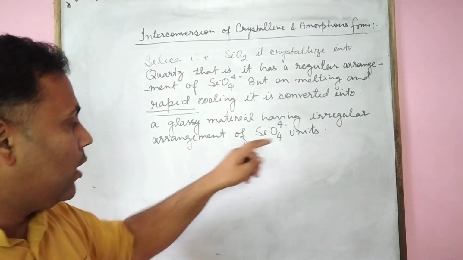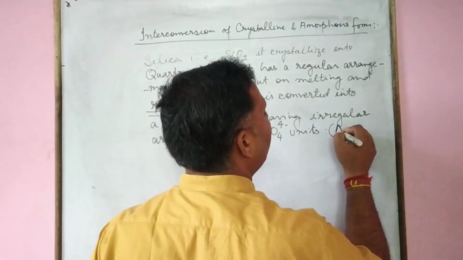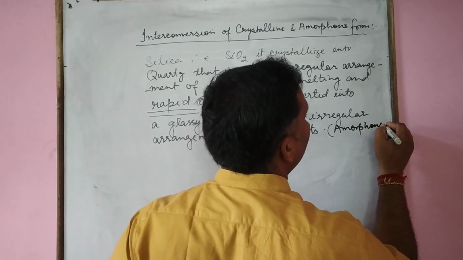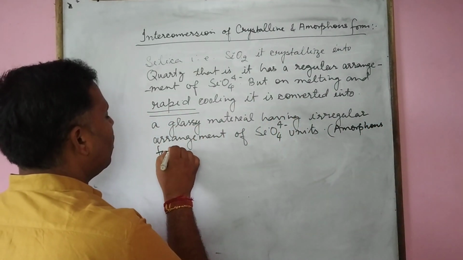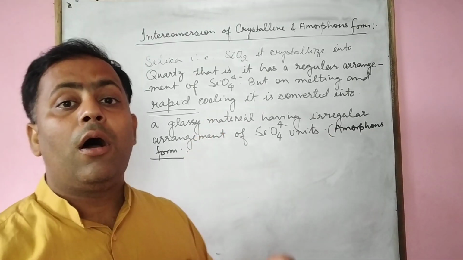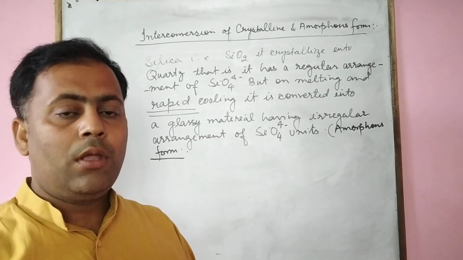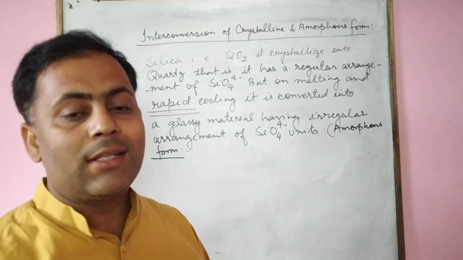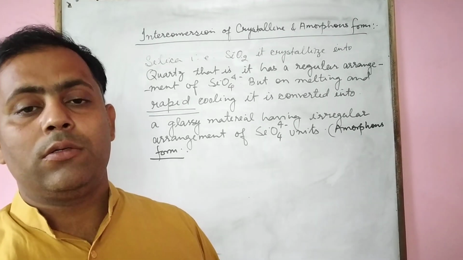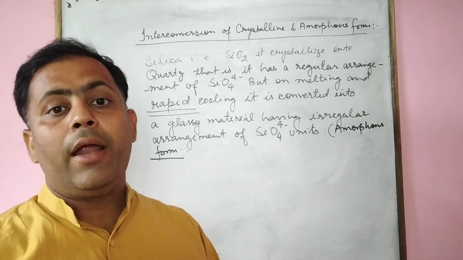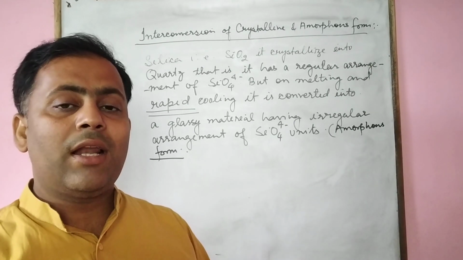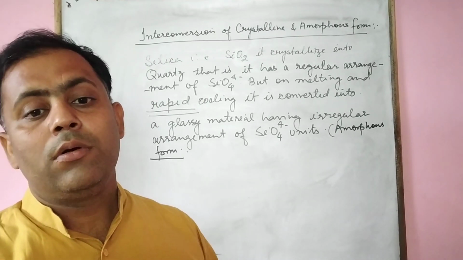It means it is converted into the amorphous form. What it means? It means on slow cooling, that is annealing, an amorphous solid can be converted into the crystalline form, and on quenching, that is rapid cooling, a crystalline solid can be converted into the amorphous form.